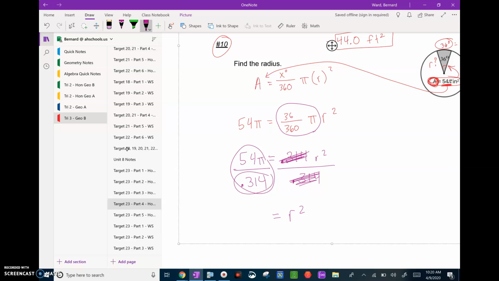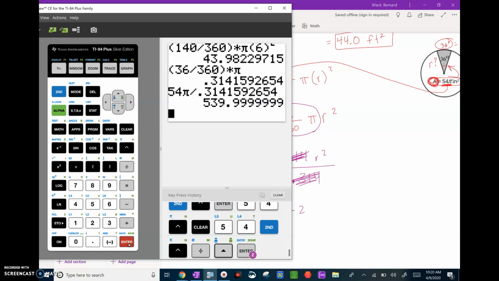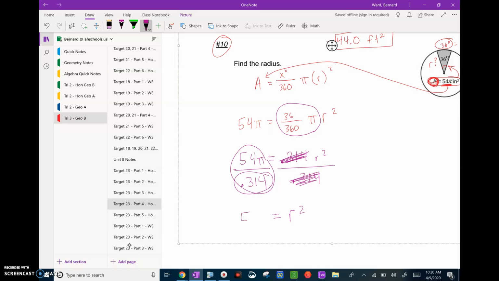And then divided by 0.314. And so I'll hit divided by, and then I'm going to hit up, and I'm going to highlight the 0.314 full decimal, hit enter, and then I'll hit enter again, and it'll tell me what 54 pi divided by 0.314 equals. And it turns out that it equals almost exactly 540, right? So 540 is my r squared.